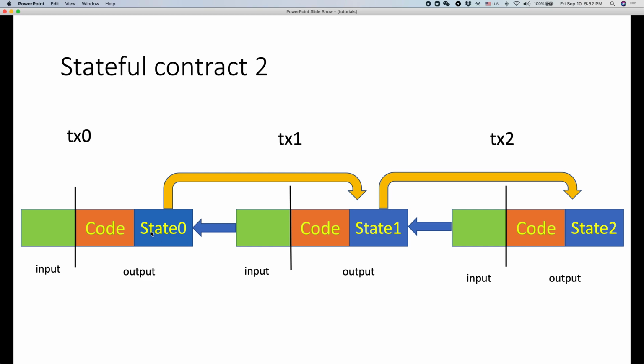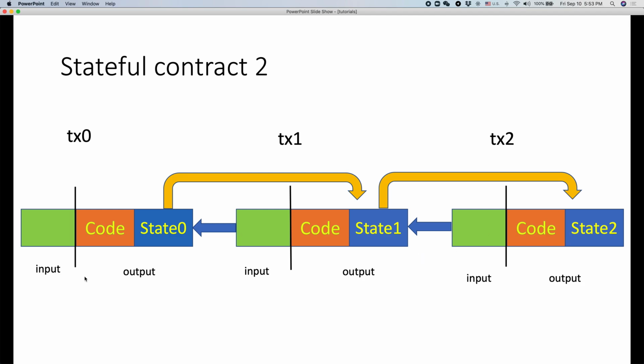We can show it again. This is how it evolves. You can see here there's only one input and one output, because every time we run this contract, we have to pay miners a fee to run it. As we keep going, you can imagine at one point all the Bitcoins locked in the initial state will be gone, and then the whole contract gets stuck, right?